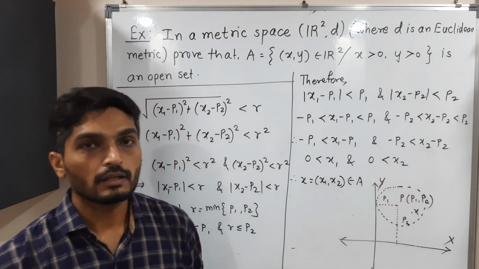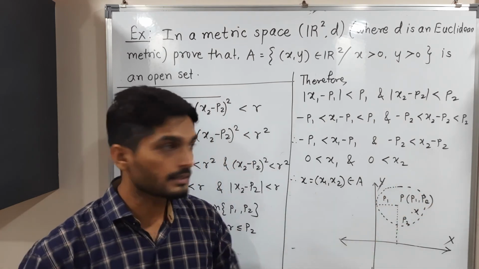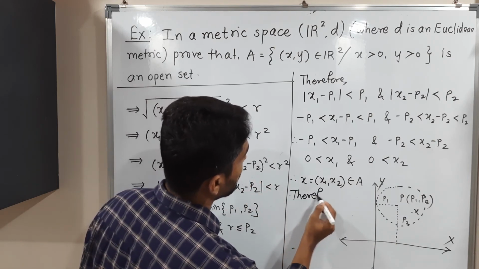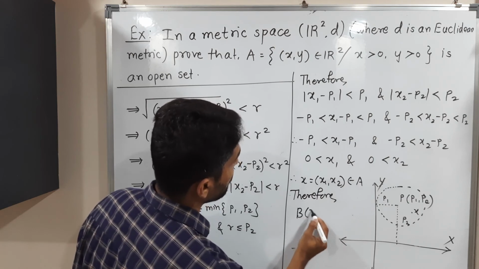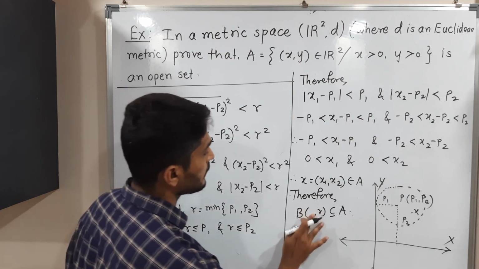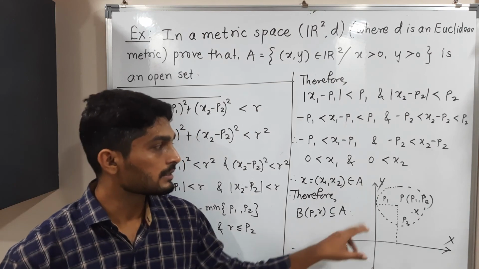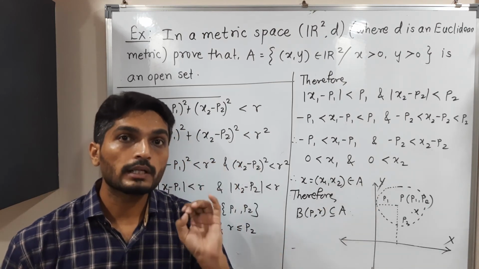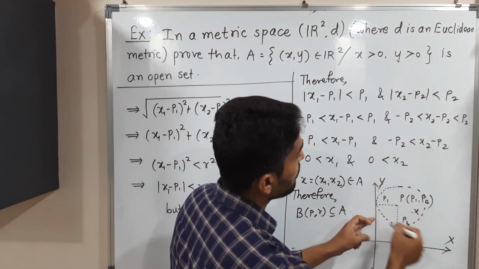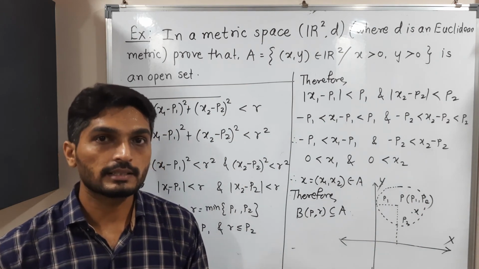Okay, the set A. We had taken x from this ball and we proved that x lies in A. So therefore we can declare the open ball B(P, r) is a subset of A. Sorry, there was not x, there was P. So B(P, r) is a subset of A. That means we had set A, we took any arbitrary point P, and around the point P we could find an open ball which entirely lies inside set A. So therefore we can declare set A is an open set.